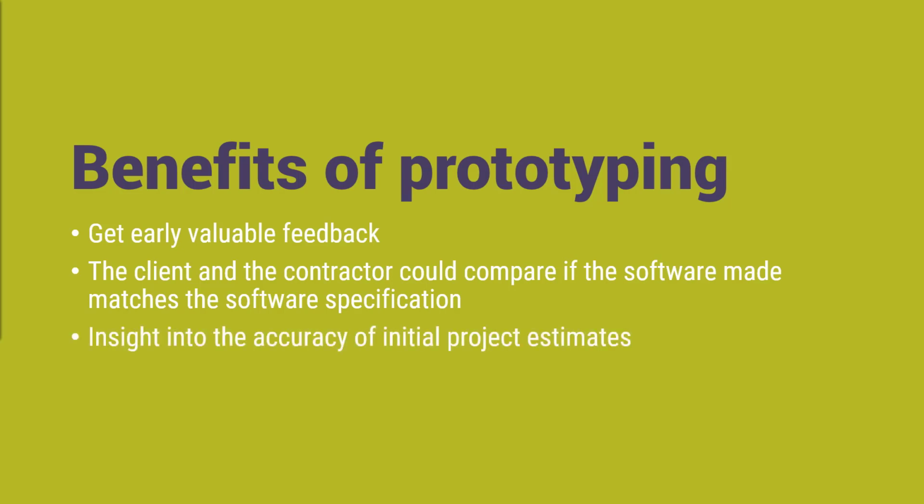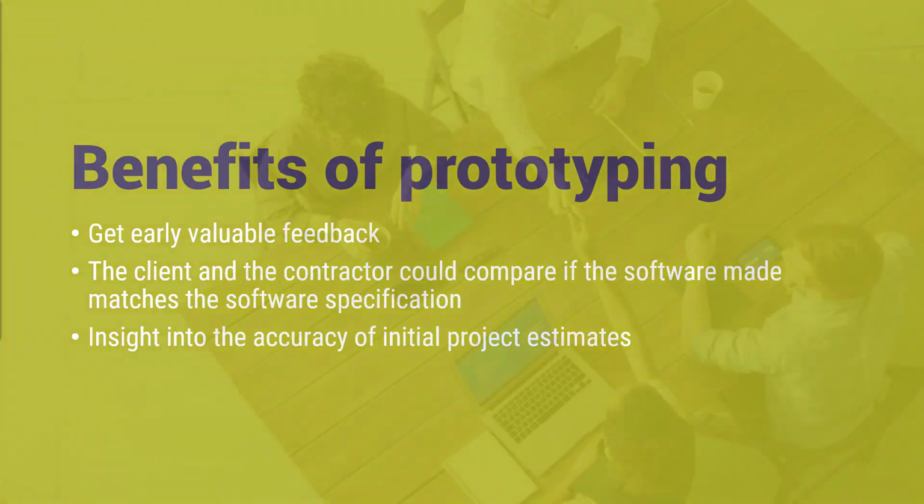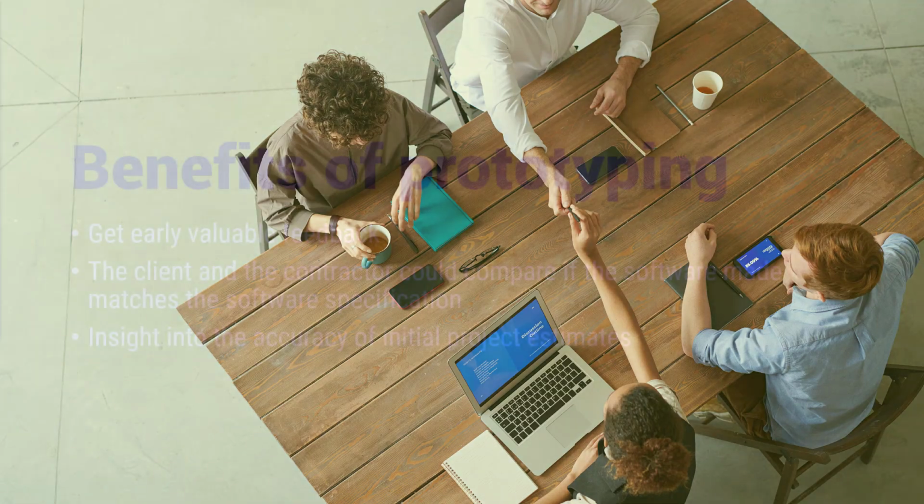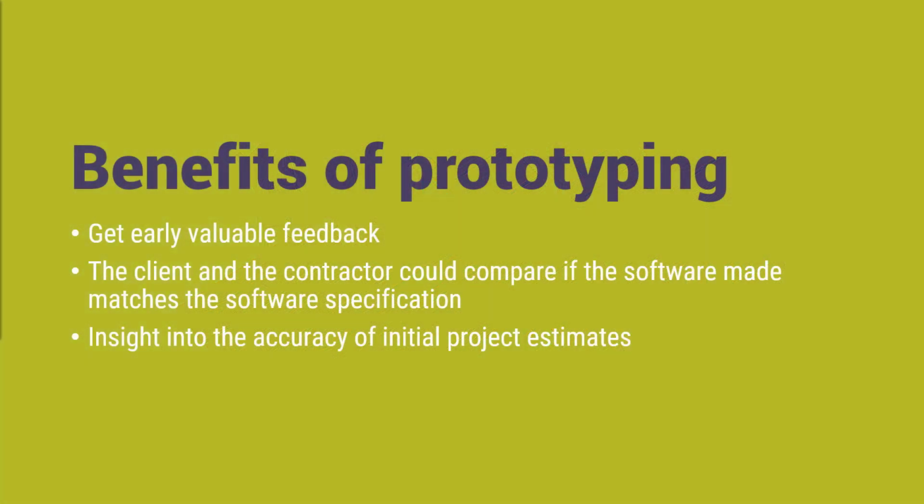And lastly, it allows the software or application engineer to gain some insight into the accuracy of the initial project estimates, such as whether we can meet the deadline and the milestones we propose for the project, and whether they can be successfully met.